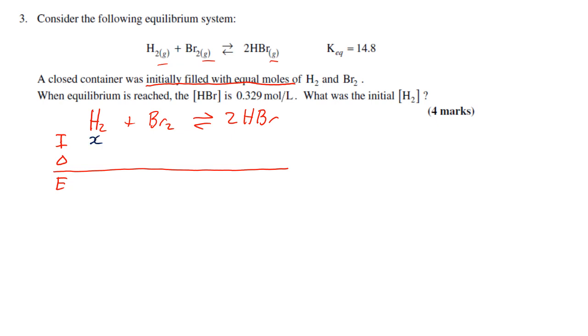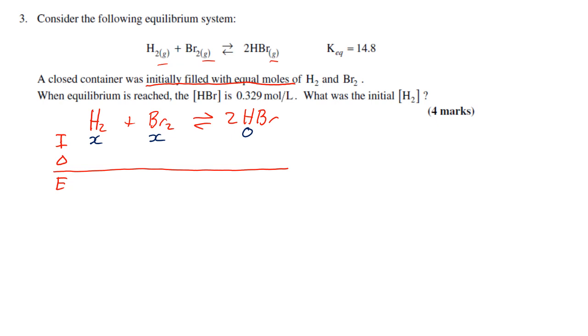I don't know why. Okay, X is equal to X, so those are equal. It also implies that we filled the container with 0 moles of this stuff. Okay. Now, we'll assume it's like a 1 liter container, so this is molarity. So X and X is a molarity.